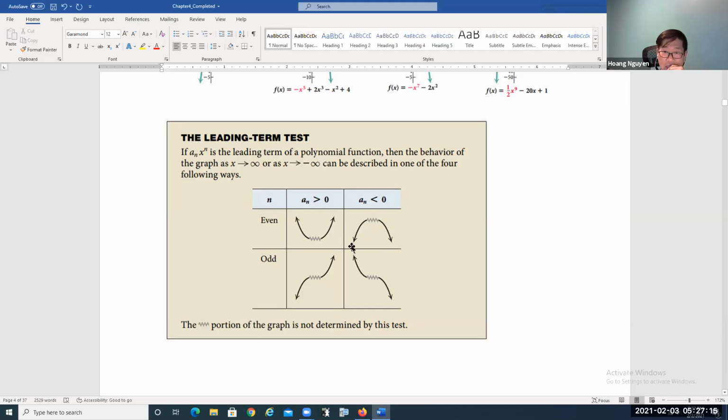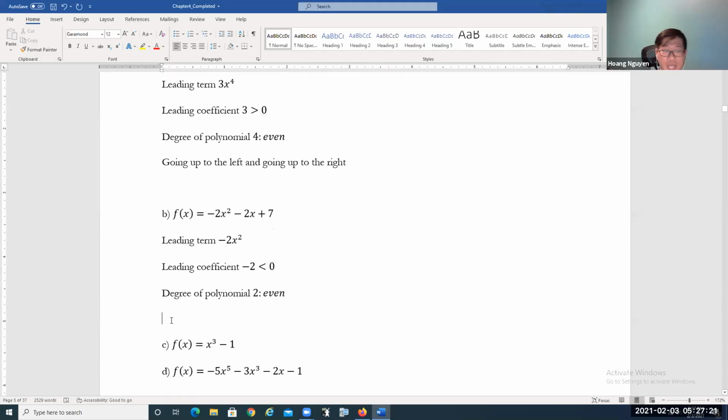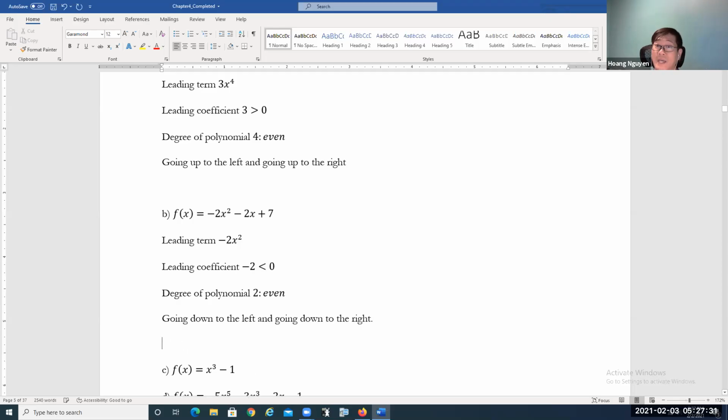So it's going to go down to the left and down to the right. That's the conclusion for the end behaviors of this polynomial function, part B.